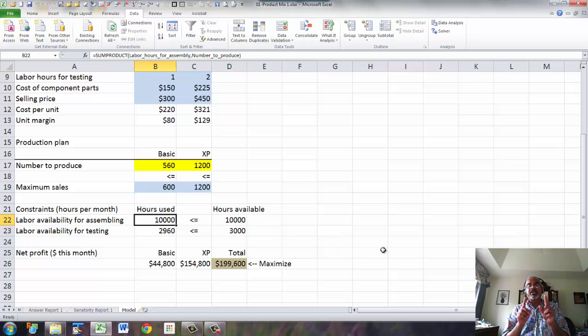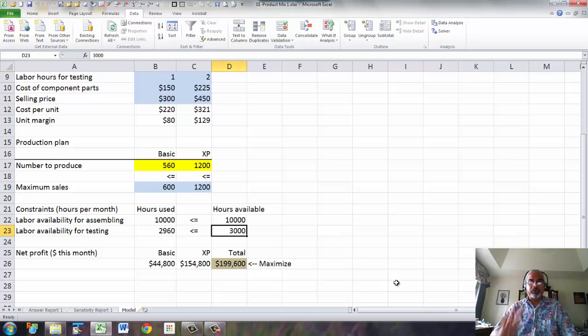So that means that constraint is binding. Whereas for testing hours, we are only using 2960 of the available 3000. So there is a 40-hour slack. There is a gap of 40 hours of unused labor, and that's called slack.